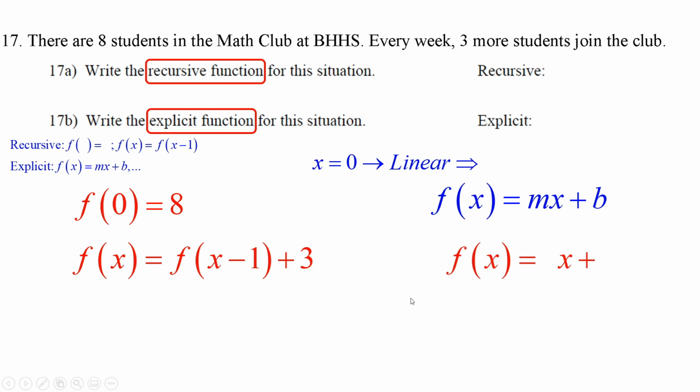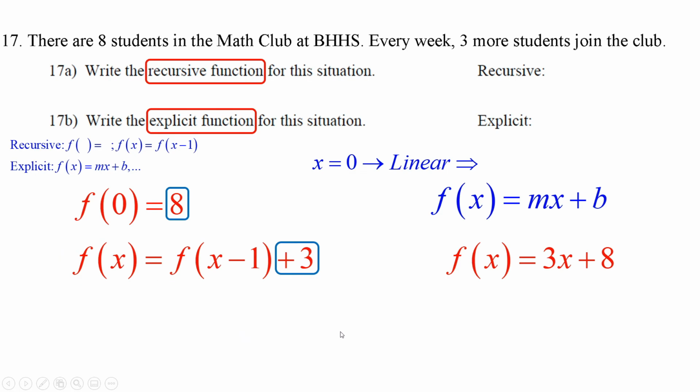F of x equals, so aren't we adding 3 students every week? And don't we see that in the problem? And I see it in my recursion equation with this plus 3. So I'm going to say my slope is 3. And then b is my y-intercept, or f of 0. And f of 0 is 8. So this is going to be f of x has to equal 3x plus 8. This is explicit. This is recursive.